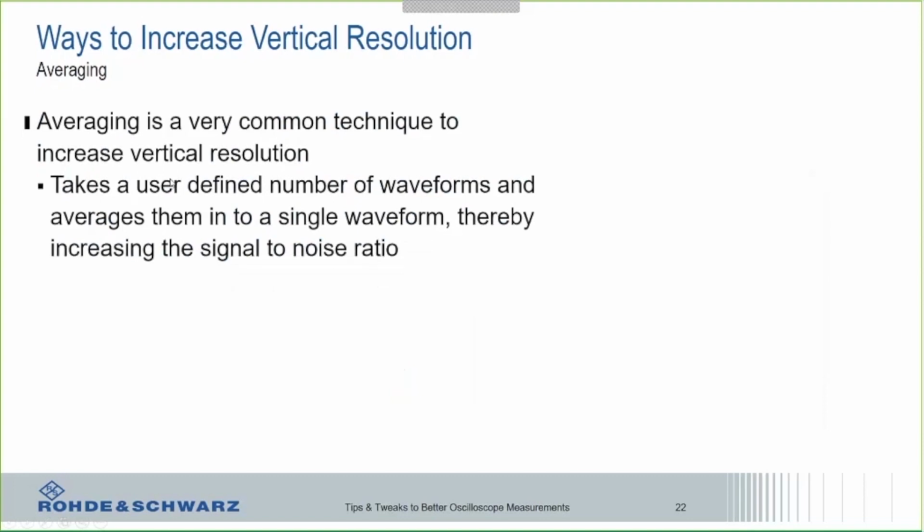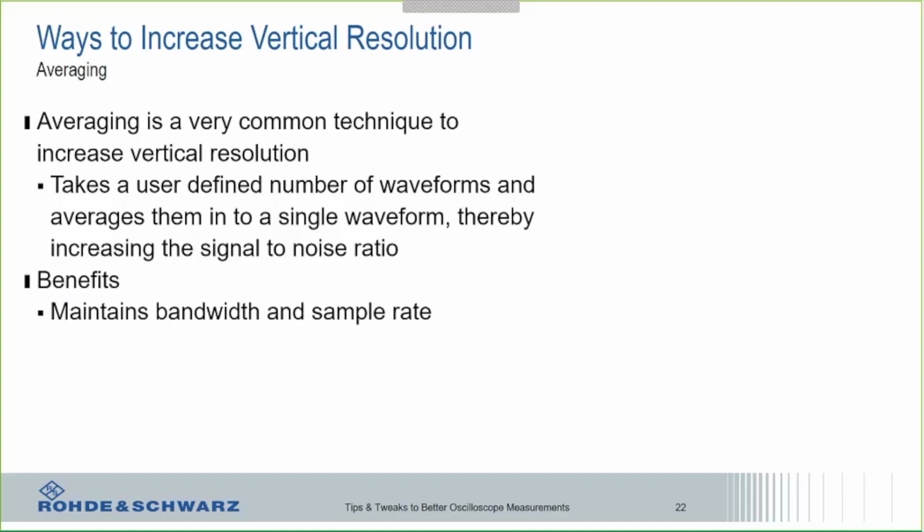Averaging is a very common technique. Basically, it takes a user-defined number, so you can tell it, I want you to average 2 or 10 or 100 waveforms, and it averages them into a single waveform through post-processing and puts that on the display. That's going to increase the signal-to-noise ratio of the oscilloscope, effectively giving you more vertical resolution.